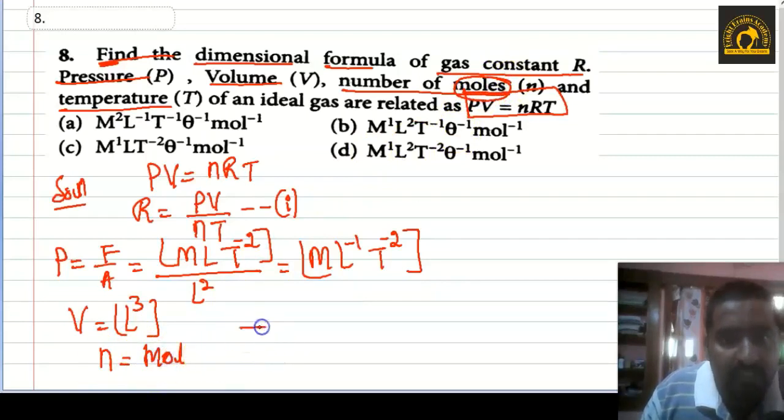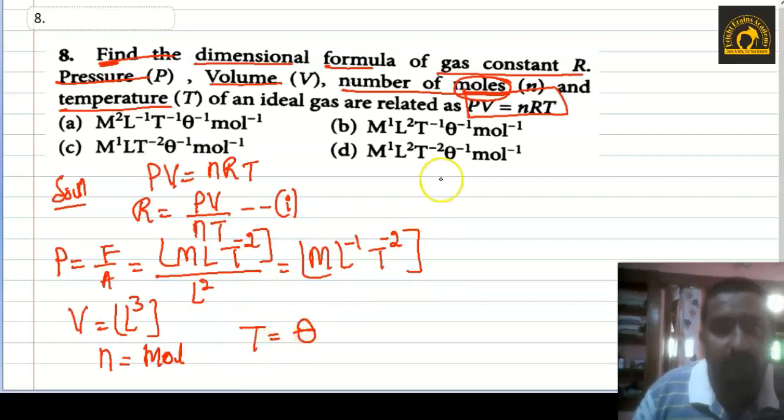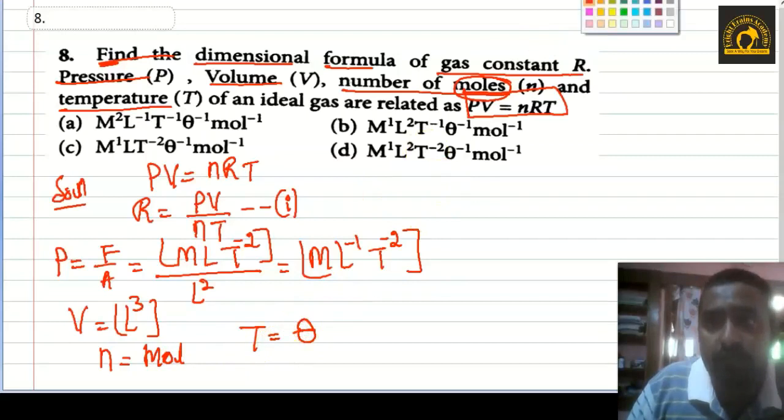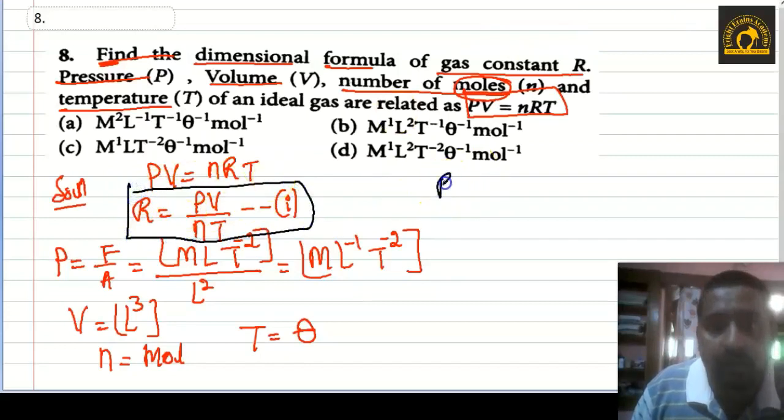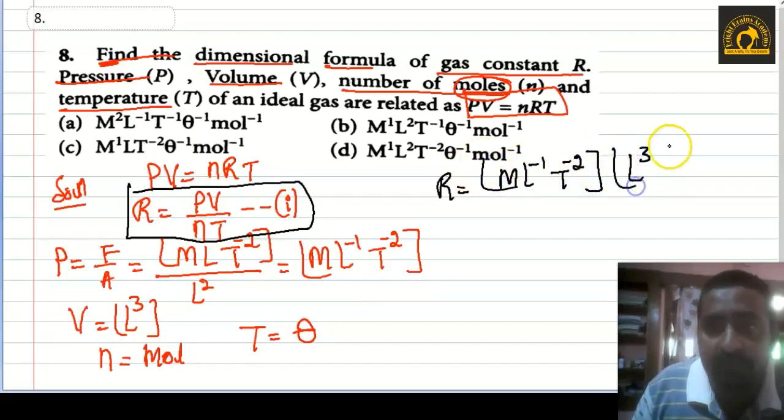Then T is the temperature, and its dimensional formula is theta. So now put all the values in this equation. Then R is equal to P, dimensional formula M L^-1 T^-2, into V, which is L³, then divided by the dimensional formula for n, which is mole.